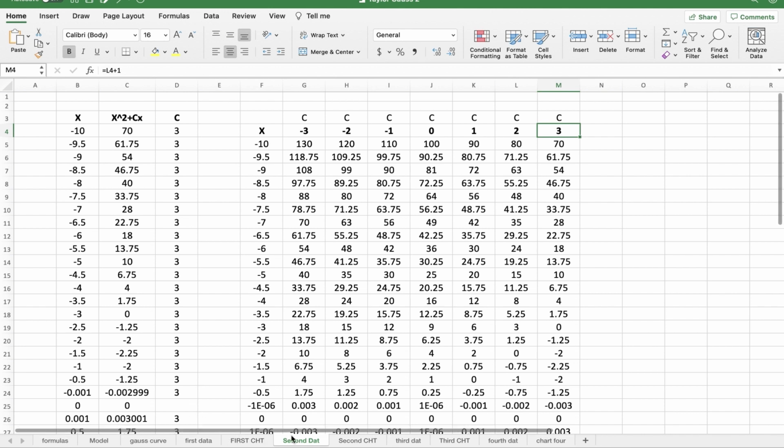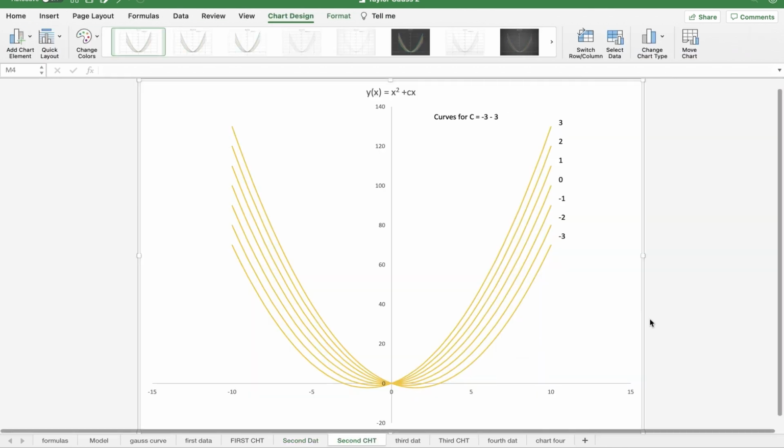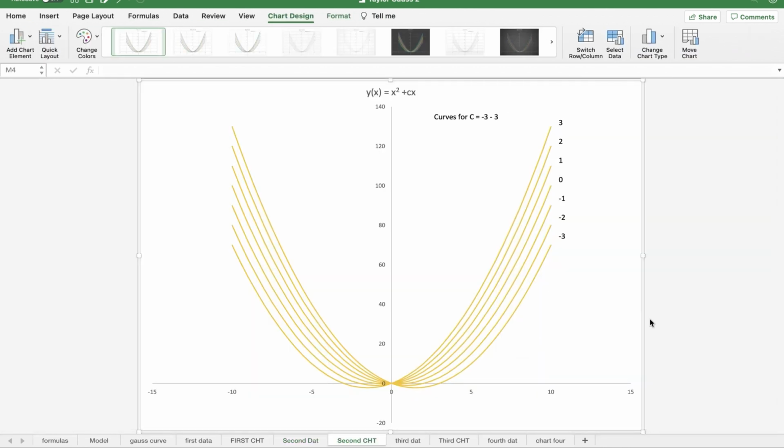And the plot, as you would guess, is parabolic because of the second order of the equation, x squared plus cx. So we have parabolas, and they all pass through 0 because we don't have any constant terms in the equation.